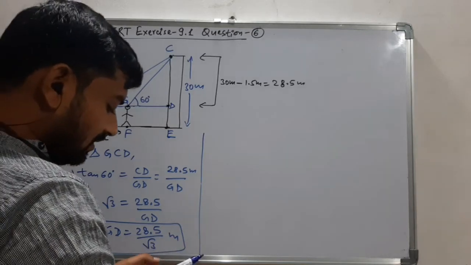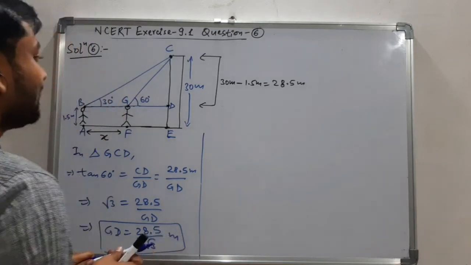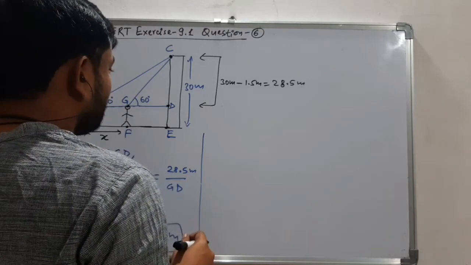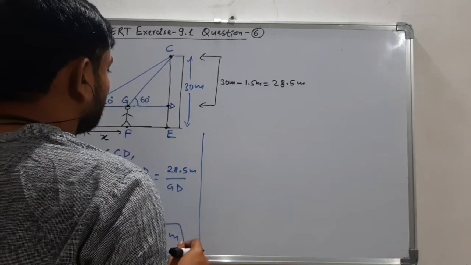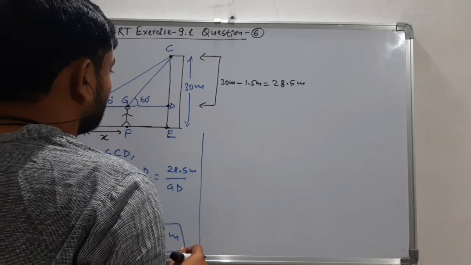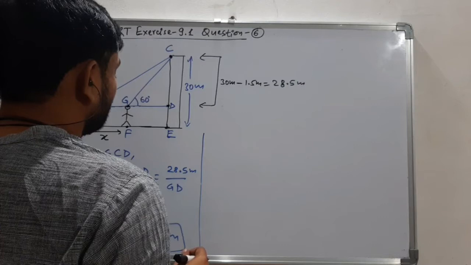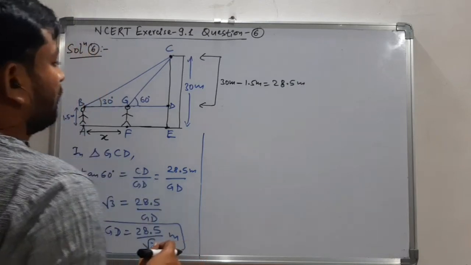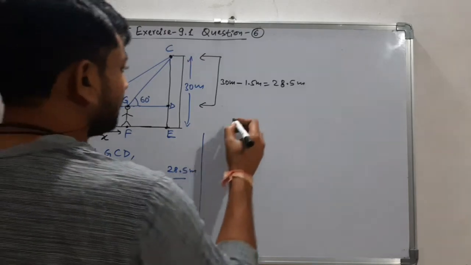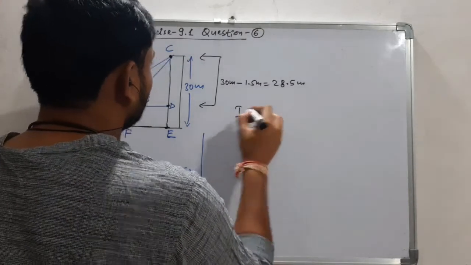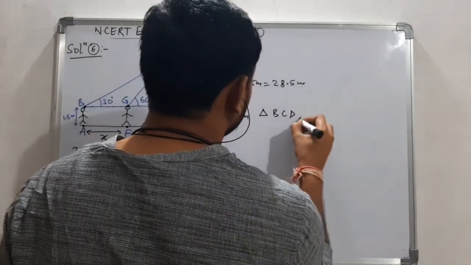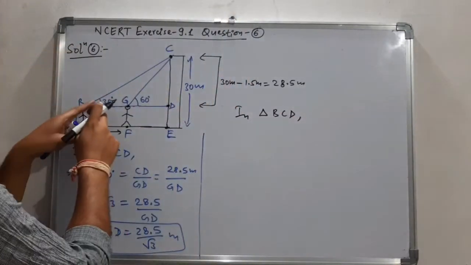Now let us consider the other triangle, other right angle triangle here. So the triangle here which we are taking is triangle BCD, which is right angle again at D. Here also the angle is 30 degree.